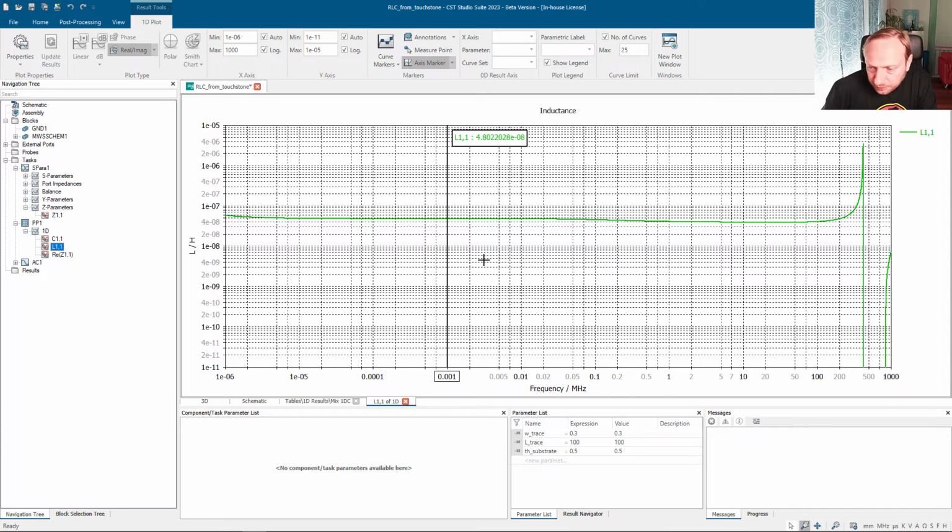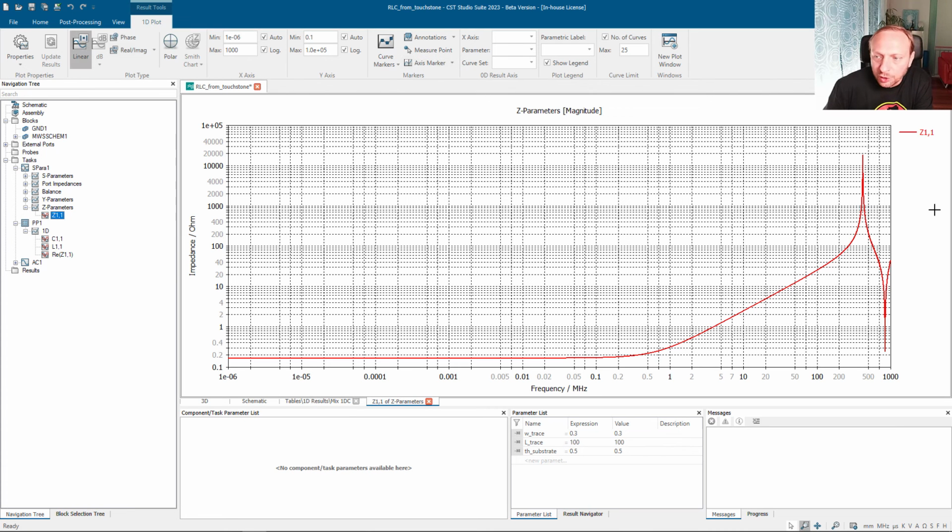So that's fine. Obviously, you see that at higher frequencies, L becomes negative and all the things. That's simply because you have resonances. That's what we have seen in the Z parameters. Once your structure is behaving resonant, the meaning of L11, the meaning of the inductance, is very, very limited. And I tend not to use this.